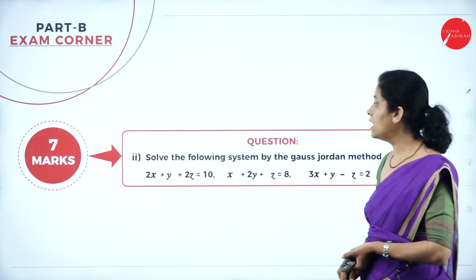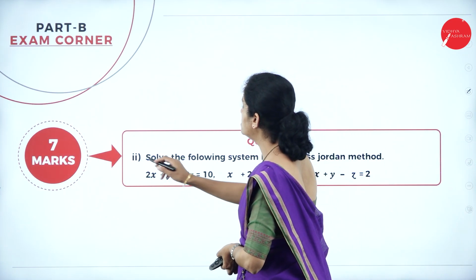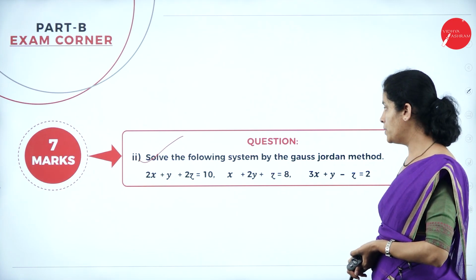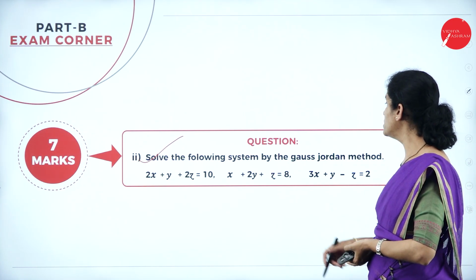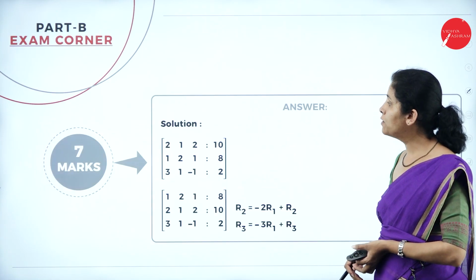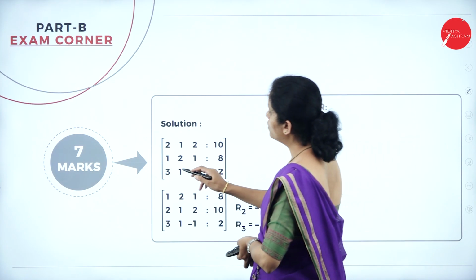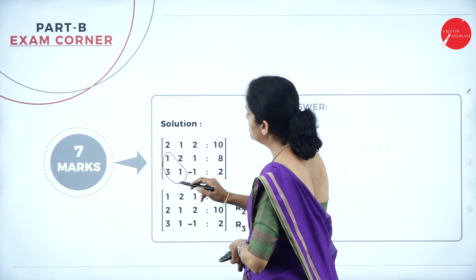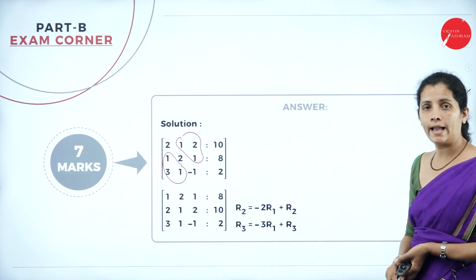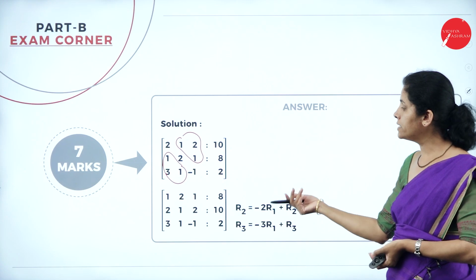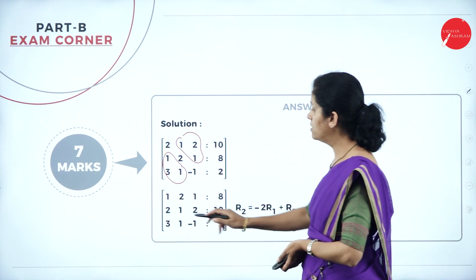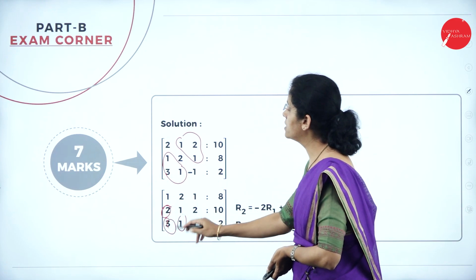Now dear student, I'm going to have another question, that is solve the following system of equation by using Gauss-Jordan method. So dear student, in the Gauss-Jordan method, I want to make this lower triangle 0 and this upper triangle 0 except the diagonal matrix. So once again, I'm going to construct the formula and I'm trying to make these elements 0.